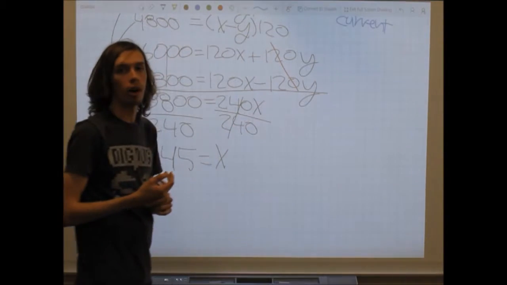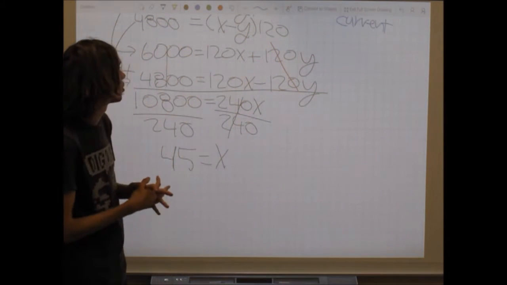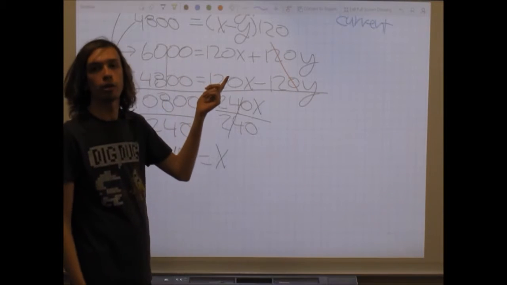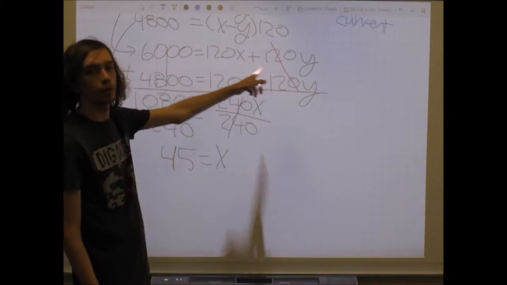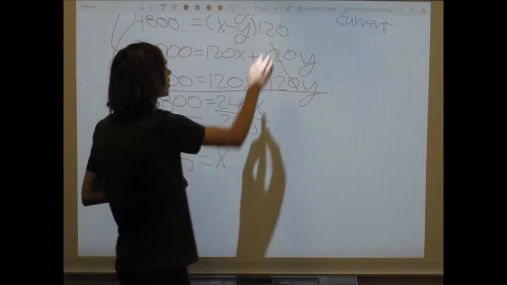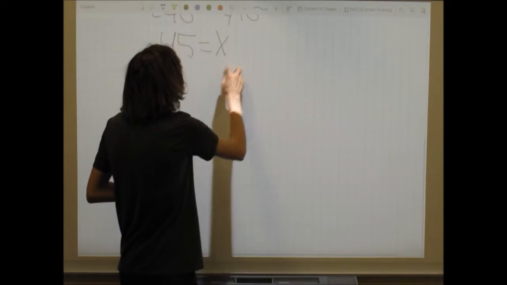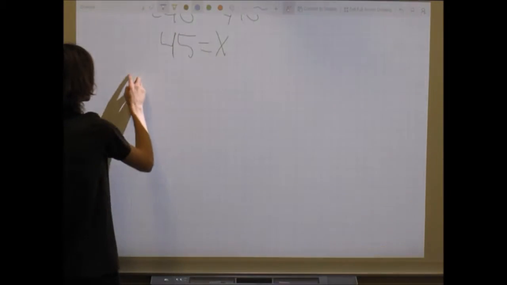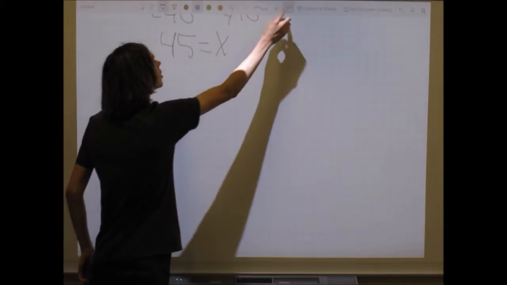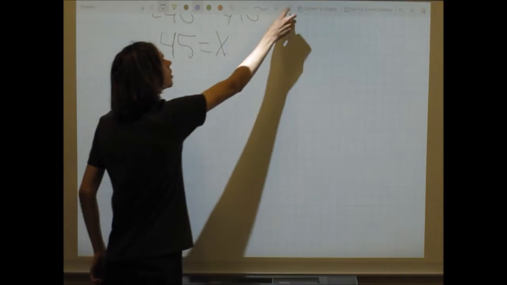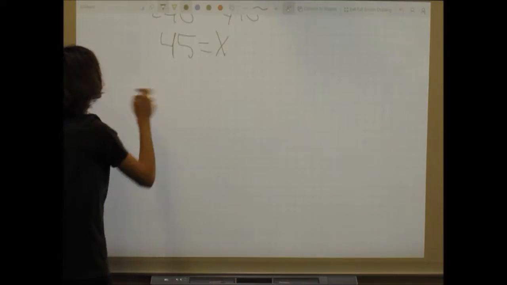Okay, now to solve for y, the speed of the current, all we have to do is plug in 45 into one of our equations and solve, right? So I'll go ahead with the first equation, so first I'll rewrite it. Let's stick with black.